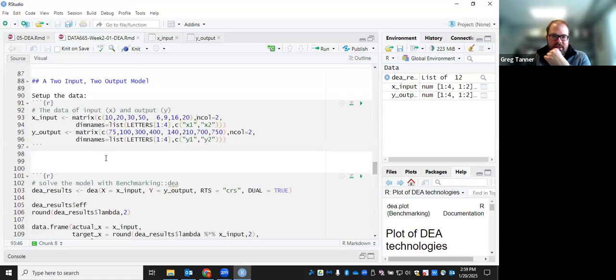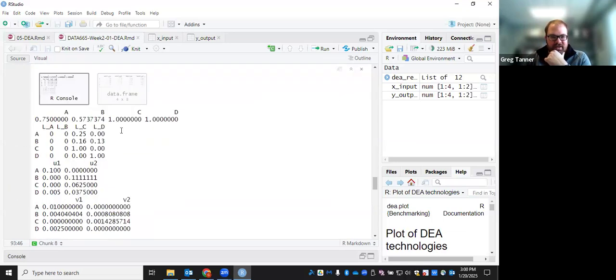In this case, with these inputs, these outputs, I've just been making up numbers. But C and D end up being the most efficient again. A and B are less than 100% efficient. And so their targets are made up of some portion of C and some portion of D.